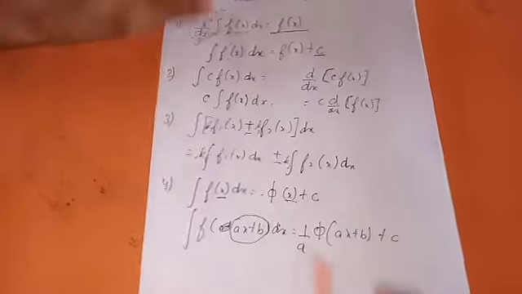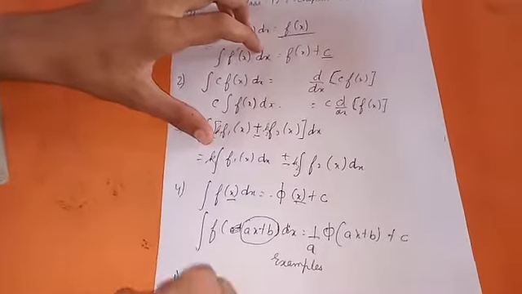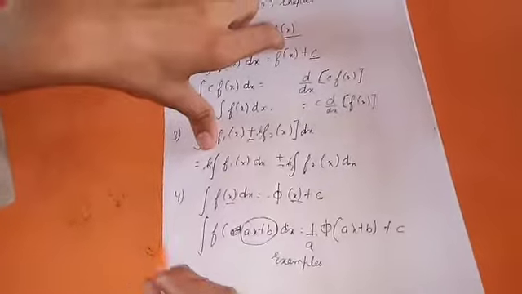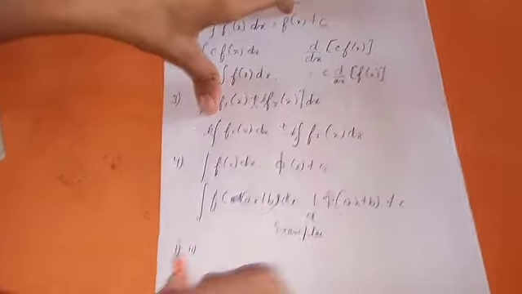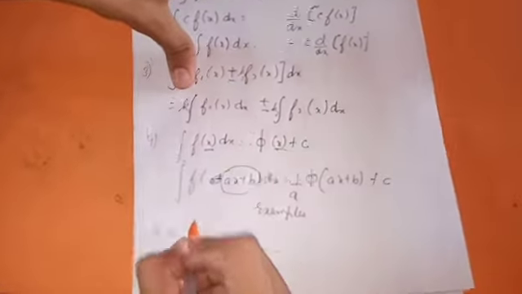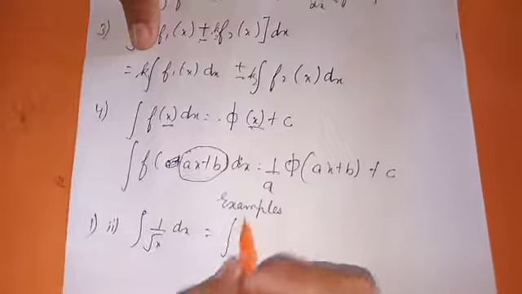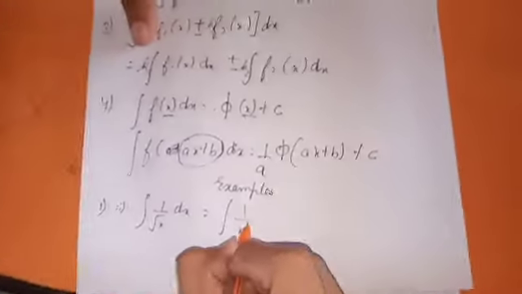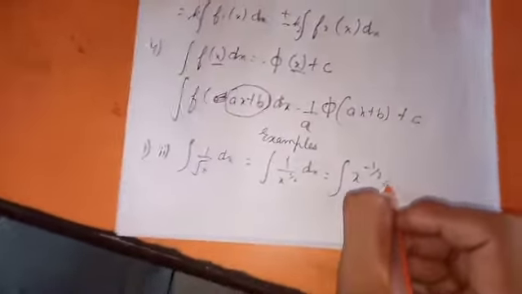So first example, I am solving part 2. In part 2 they have given that we have to integrate 1 by root x dx. So we write this as integration of 1 by x raised to power 1 by 2 dx, and this we can write as x raised to power minus 1 by 2 dx.